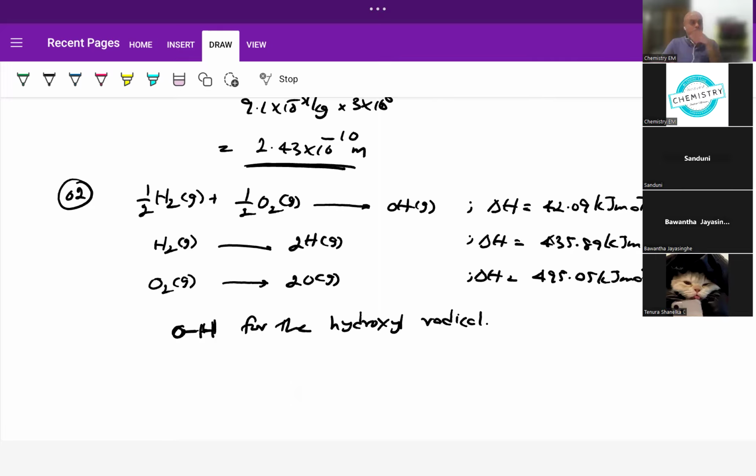Is it plus or negative? Check that part as well. How about others?